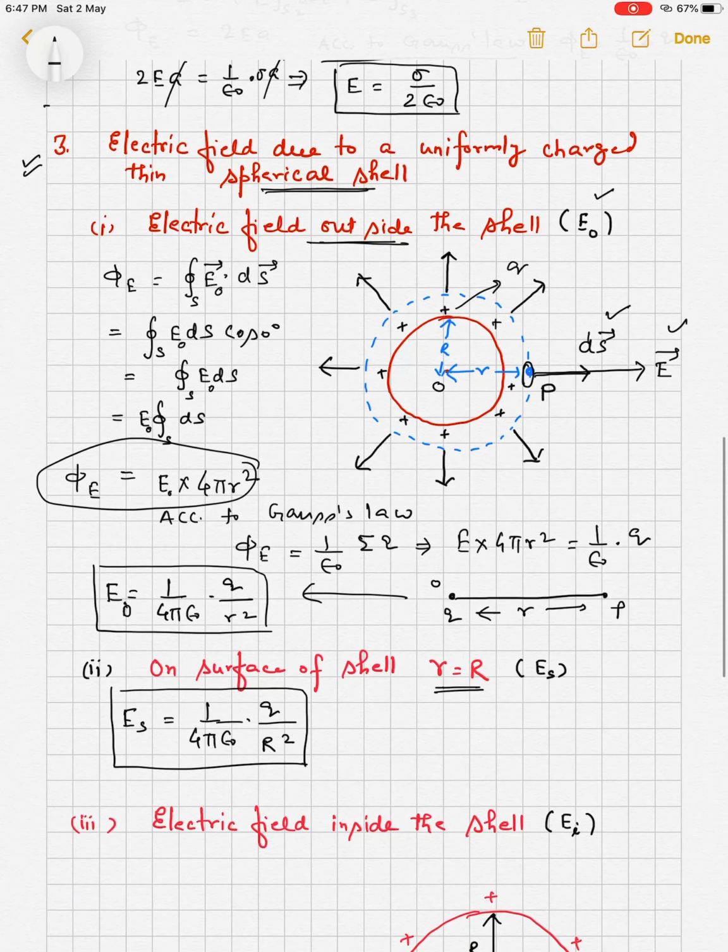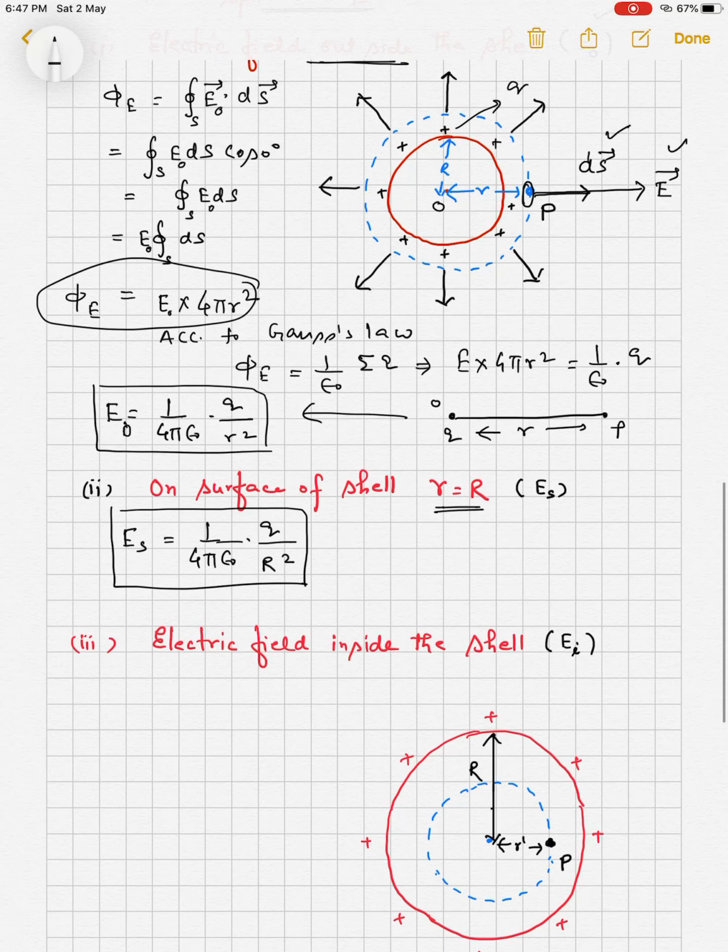The third case is electric field inside the cell. Now here is a cell over which charge q is distributed, whose radius is capital R. We have to find the electric field at a point P which is inside the cell. So here I have drawn a Gaussian surface with the blue dotted line that is symmetrical to this spherical cell, and this point P is at a distance r dash from the center of the spherical cell.